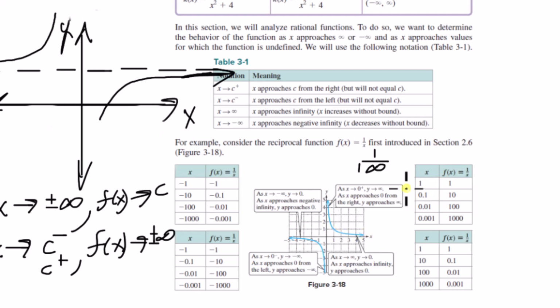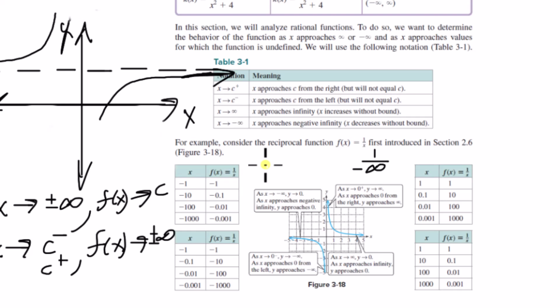Now, when x is approaching negative infinity, you have positive 1 divided by a negative number. So in this case, as x approaches negative infinity, we expect the function to approach 0 coming from below, and that's what we see. Okay, and outside of that, there's really nothing else to analyze. There's no x-intercepts, there's no y-intercepts.